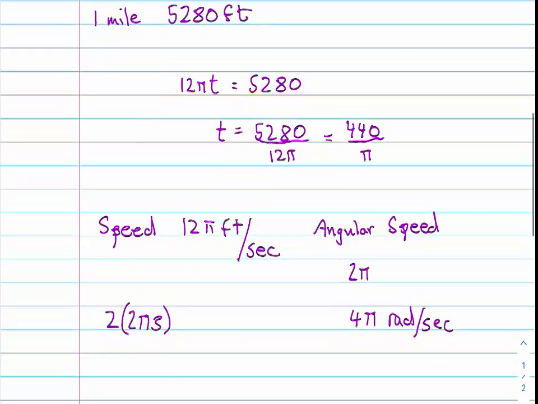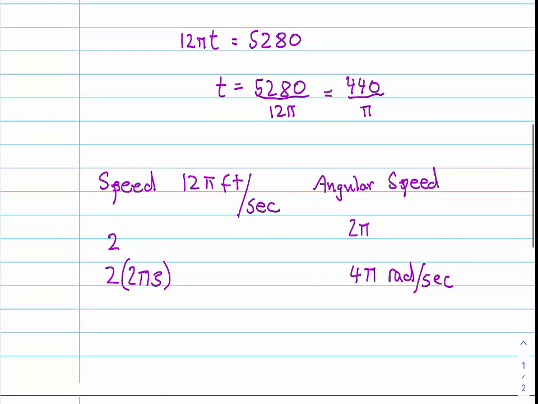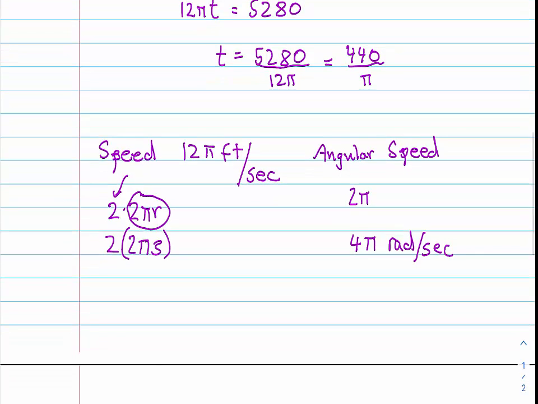So this is 2 times 2 pi r, revolutions per second times the distance in 1 revolution. Now notice the difference in angular speed. In angular speed, we had 2 times 2 pi. Notice we just left off the r. That's the only difference in these two.